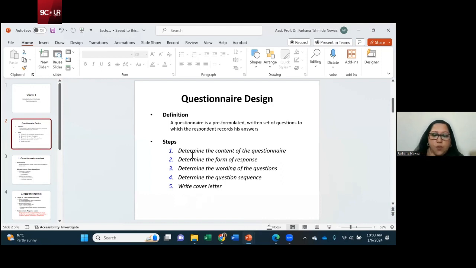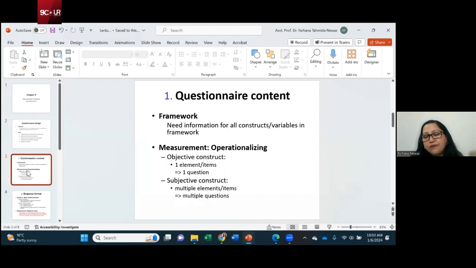First, what will be the content of your questionnaire? You need to refer to your conceptual model. I believe already more than two weeks have gone by since the last class, and you already have your conceptual model as well as your hypothesis.